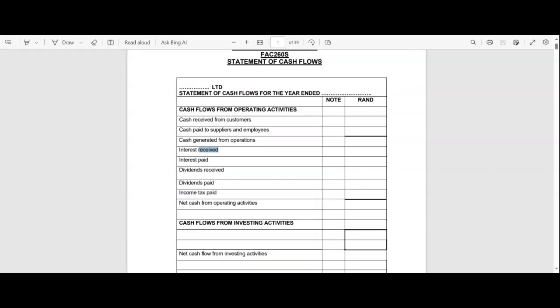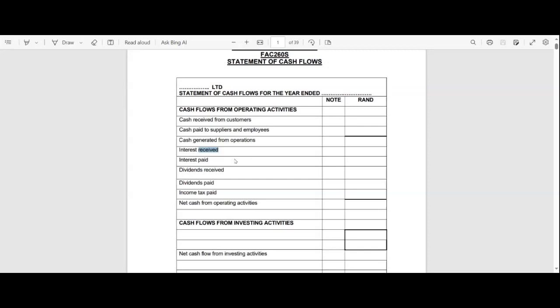So if there is interest owing to you at the end of the year, whether it's last year or this year, it means you have already recognized it as income in your statement of comprehensive income, but you haven't received it yet. So you are not going to include it as part of your interest received. Okay. Anyway, if that sounds a little bit weird to you, it'll all become very clear when we get to our various exercises.